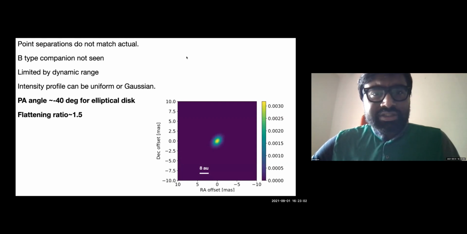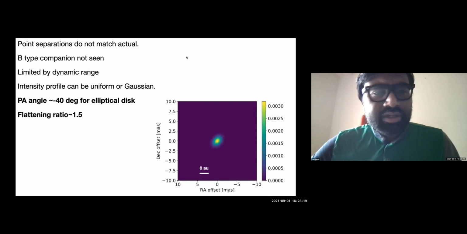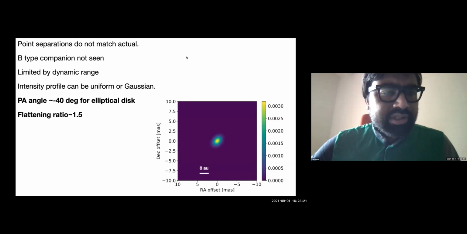Which leads us to the result that the B-type companion is not in fact seen at the L band, which makes sense because you have a B-type star. You don't expect it to emit much in the mid-IR, especially near 3 microns.